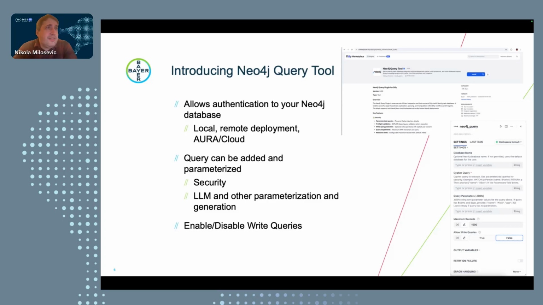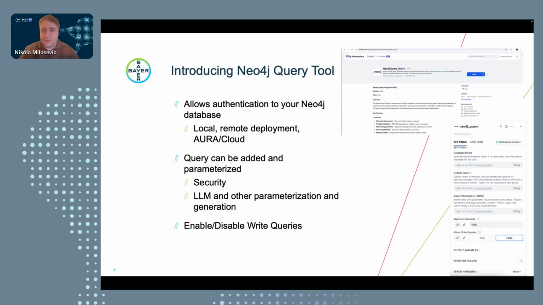You can just connect, and then you can add queries, and those can be parameterized. You can query across different databases. And these parameters could come as output from some other node in the pipeline, whether it is an LLM or some kind of code node.